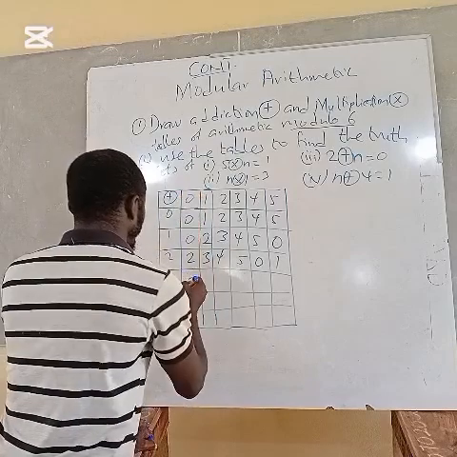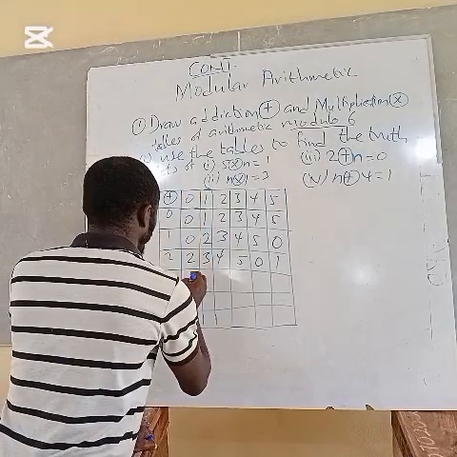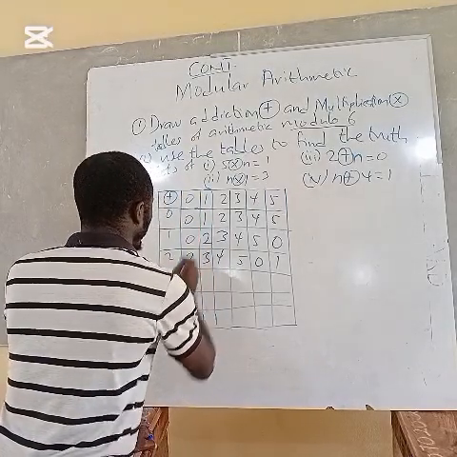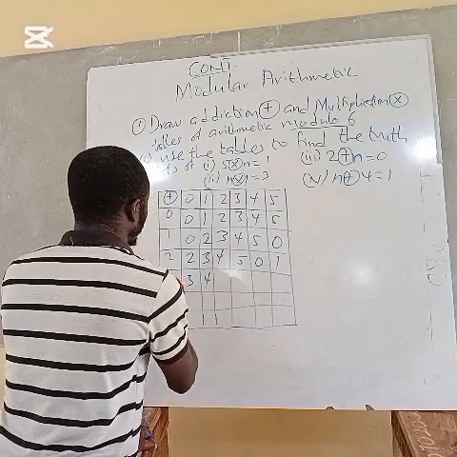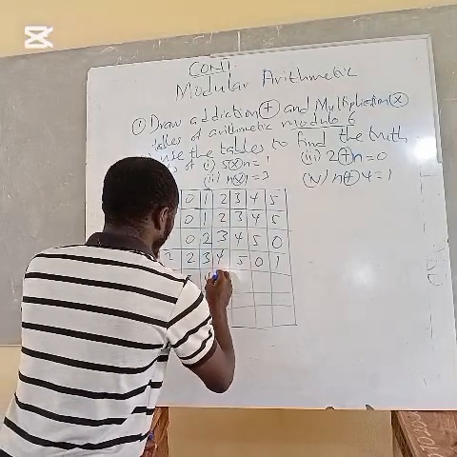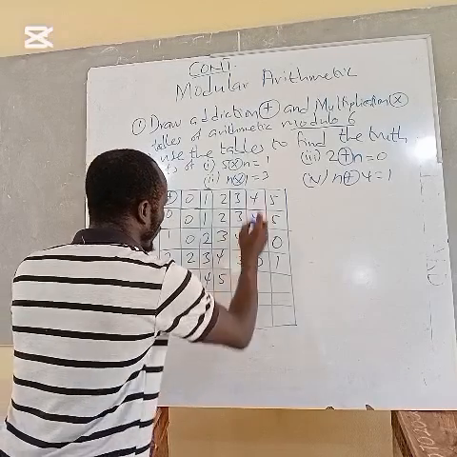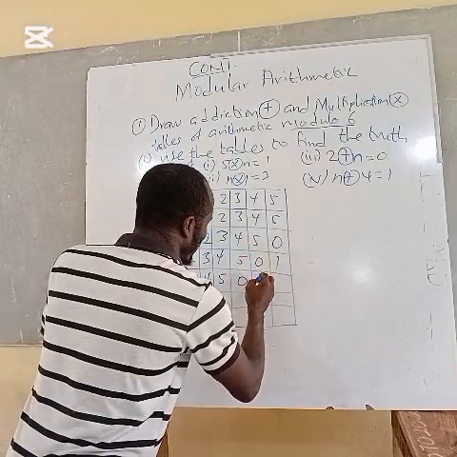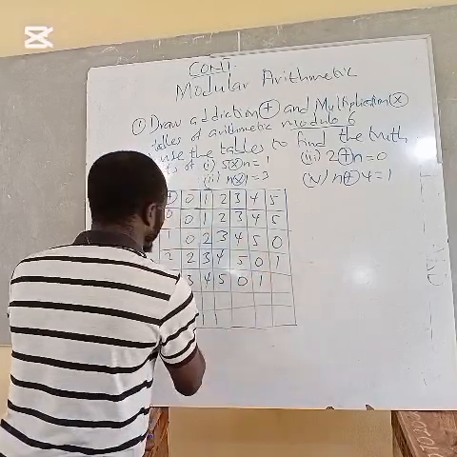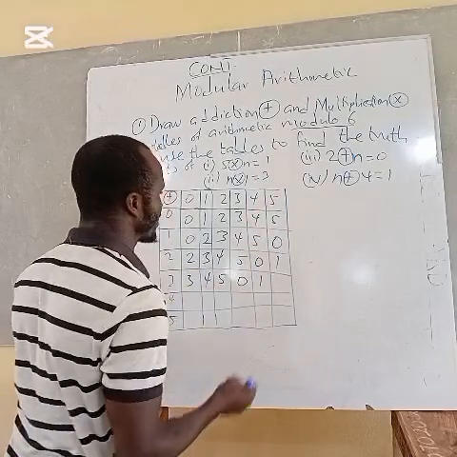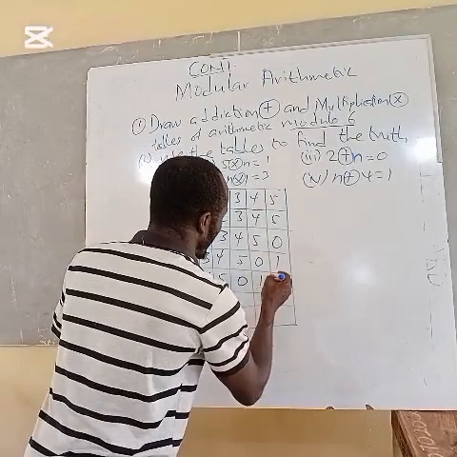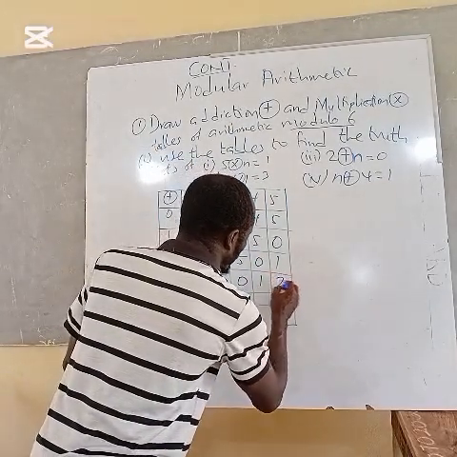Then this one, 3 plus 0 is 3. 3 plus 1 is 4. 3 plus 2 is 5. 3 plus 3 is 6, so you write 0. 3 plus 4 is 7; 6 goes into 7 once, remainder 1, so you write 1. 3 plus 5 is 8; 6 goes into 8 once, remainder 2.